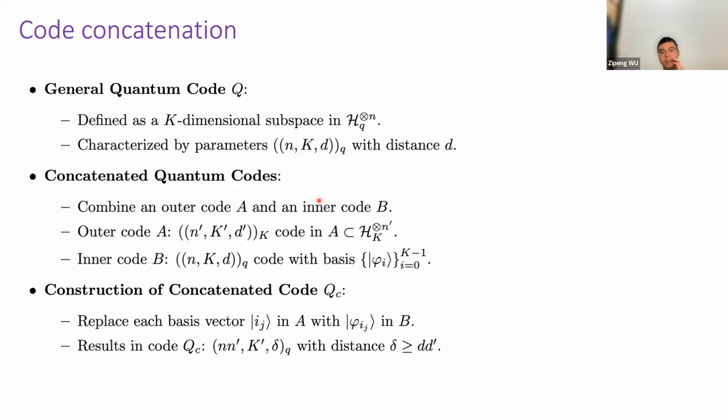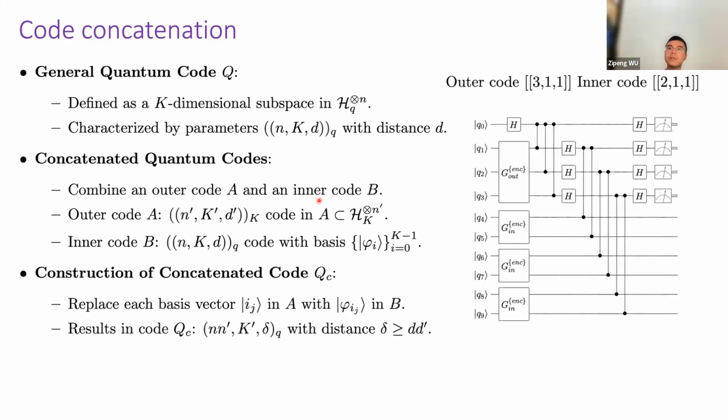So concatenation of codes is a nice way to achieve codes with large distance. And according to the threshold theorem, it's also critical for the fault-tolerant implementation of quantum algorithms. Here's a circuit example for the concatenation of the graph code. As you can see, we first encode this qubit into the 3-1-1 code using this part of the circuit.